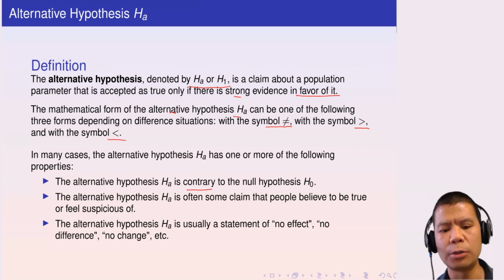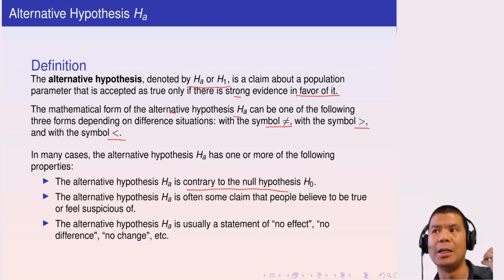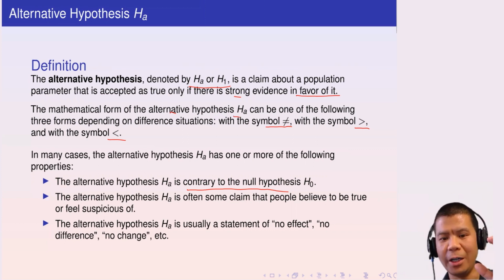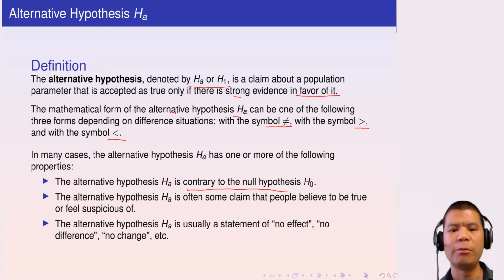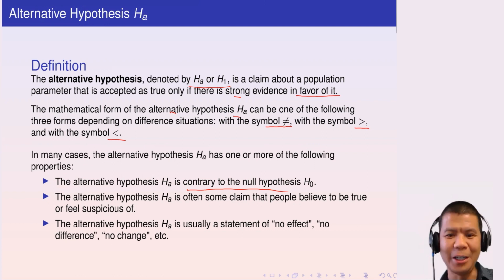It is contrary to the null. The null says it is the status quo, nothing changed, no difference, no effect, so it contains the equal sign. But the alternative hypothesis usually means something changed.